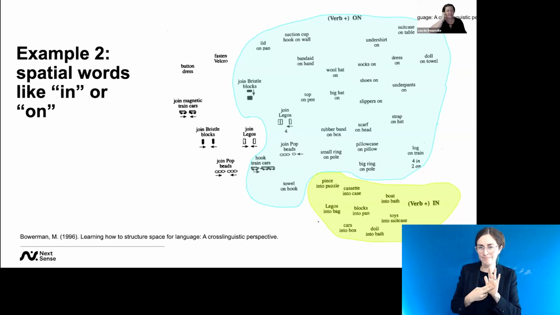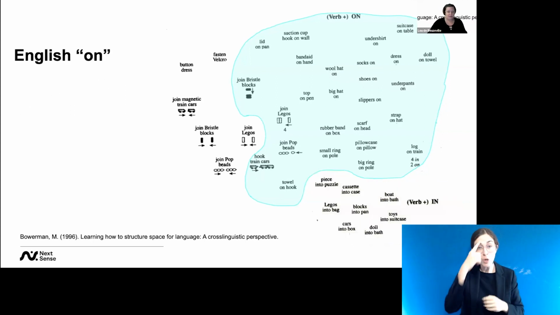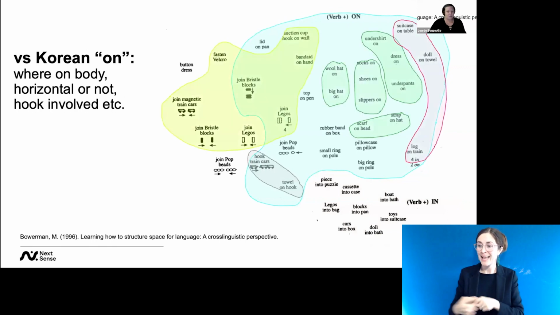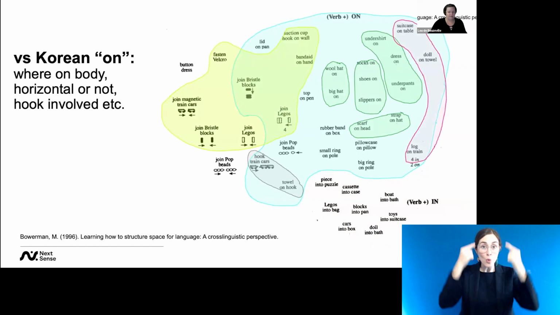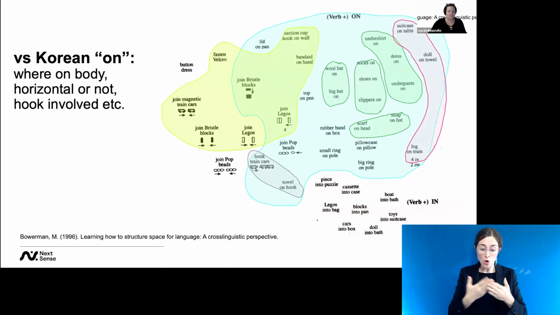And it seems really obvious. Well, of course, those ones are in and those ones are on. But when you look at Korean speakers, here is on in English, and here is how Korean speakers divide up on. If it's clothing, there are different words, clothing on your head, clothing on your body, different types of words.